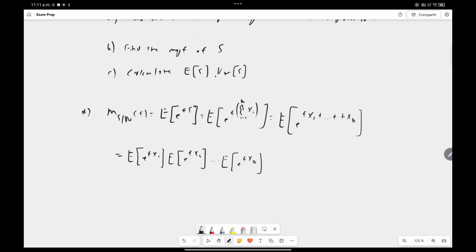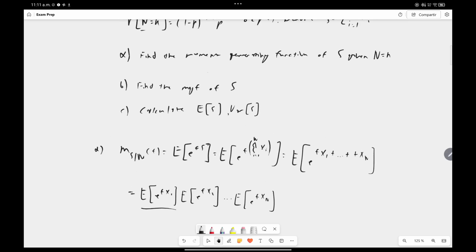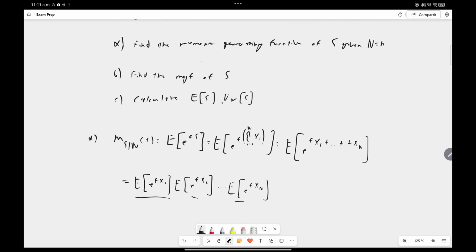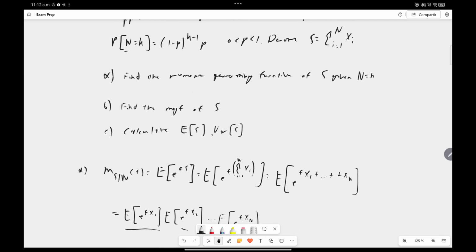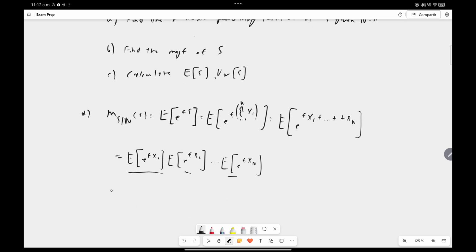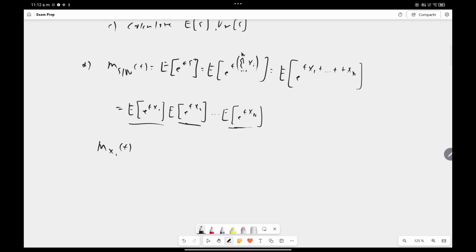So what is this? Well, in order to find what these e to the tX1 and all these different components are: what is the expectation of e to the power of tX1? That is the definition of the MGF of X1, or rather just the moment generating function of X1, and then this is the moment generating function of X2, and that's the moment generating function of Xn, etc. So how do we calculate this? Well, you again use the definition.